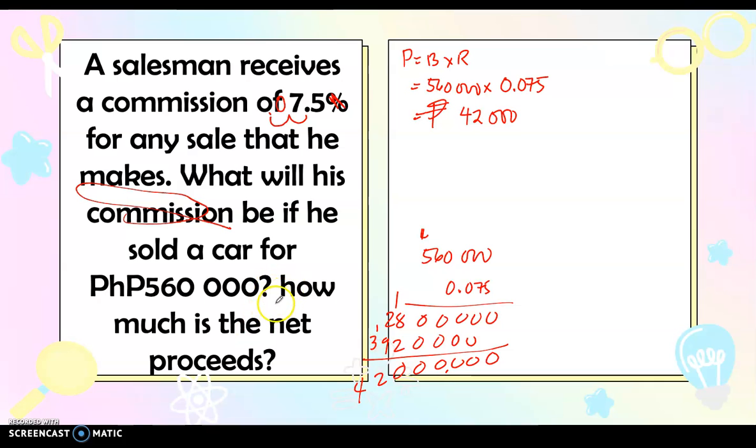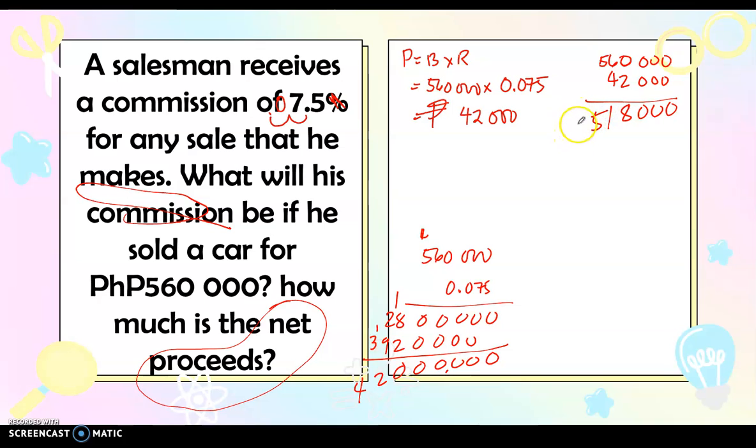The second one is, how much is the net proceeds? To find the net proceeds, all you have to do is subtract 560,000 minus the 42,000 pesos. That's the commission, because the net proceeds is for the owner, and the commission should be deducted already.